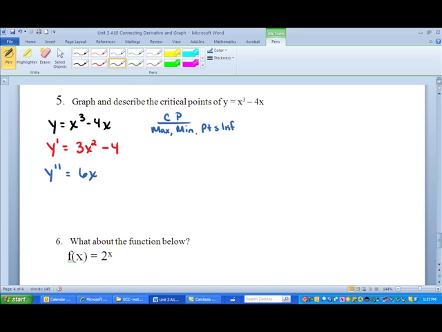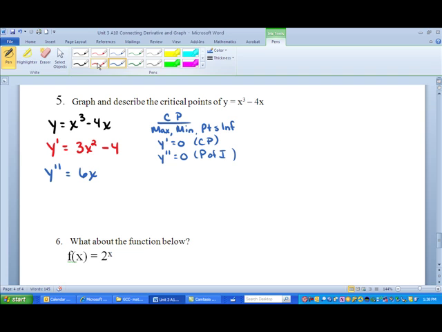Those points start to occur when the first derivative equals 0. That means we have a critical point, and where the second derivative equals 0, we have a point of inflection.